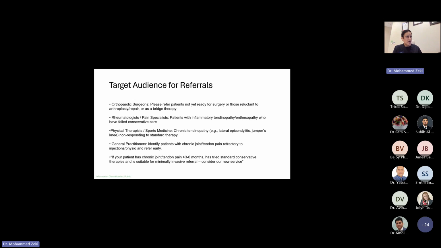We can also address lateral epicondylitis and jumper's knee that are not responsive to conservative treatment, whether physiotherapy or other. For our general practitioners, if you have a patient with chronic joint pain for more than 3 to 6 months, and you tried conservative treatment but it was still not helpful, you can offer them this.